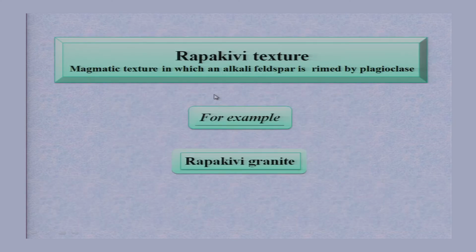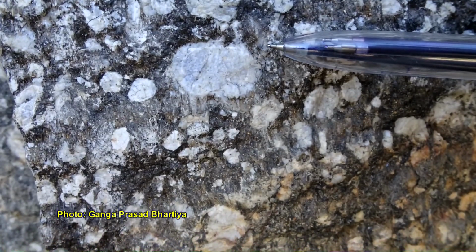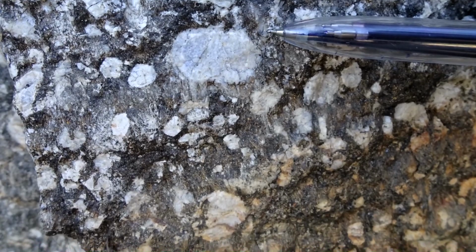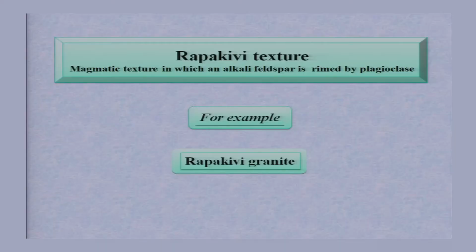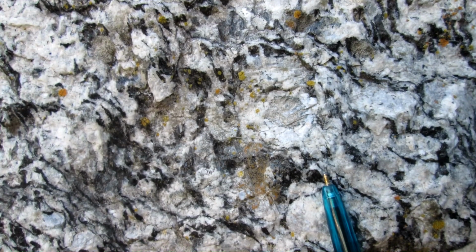I am citing another variety of texture, which is called Rapakivi texture. It is a magmatic texture. An example is Rapakivi granite. Rapakivi texture is found in granite, therefore we call it Rapakivi granite. We use Rapakivi texture as a prefix here to define a rock. Rapakivi granite shows feldspars.